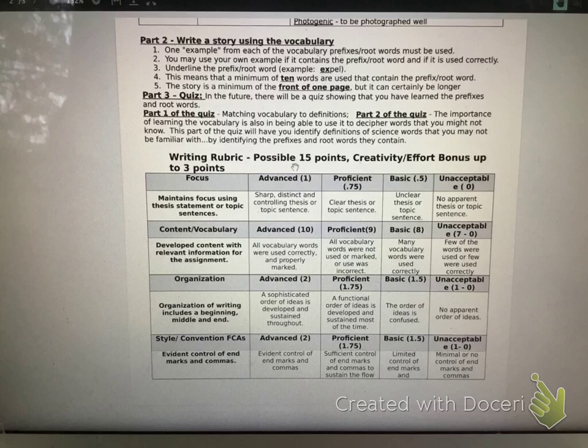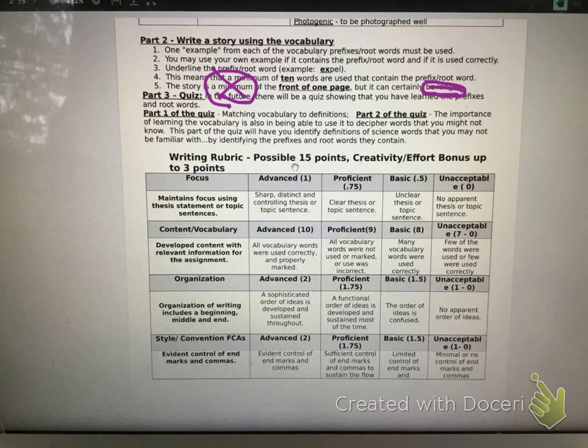And because I'm changing number 5, the story is a maximum, so not a minimum, but a maximum of the front page. And it can be right here, shorter than a page. All right? So that's one thing that we're going to change.